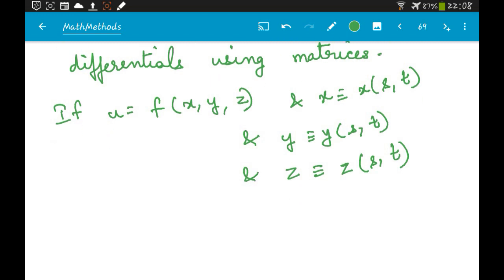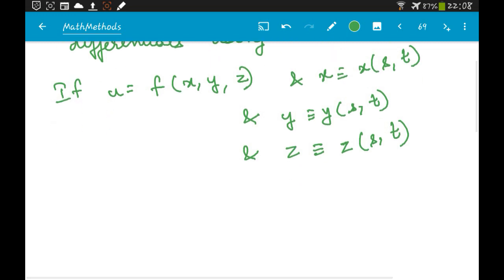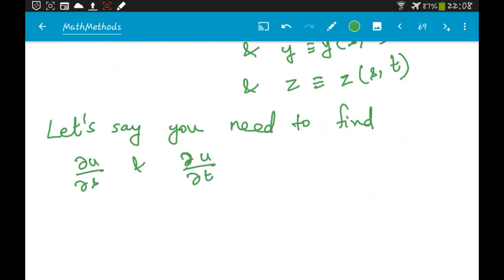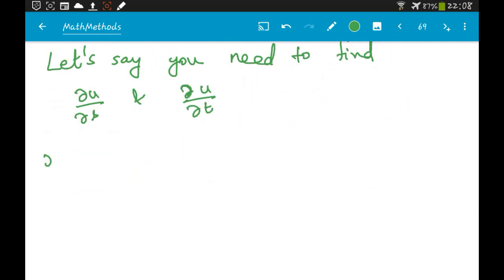Now you need to find ∂u/∂s and ∂u/∂t. These are the two things that you need to find, but you are given that u is a function of x, y and z. Then how will you find it? Then what you will do is you will write ∂u/∂s, ∂u/∂t. So this is a matrix.